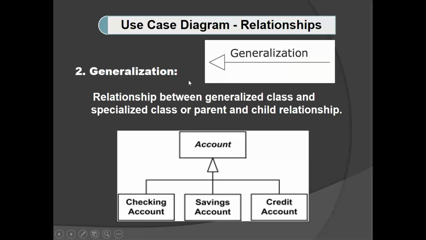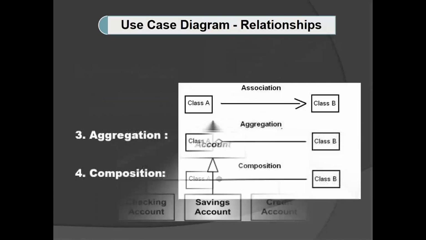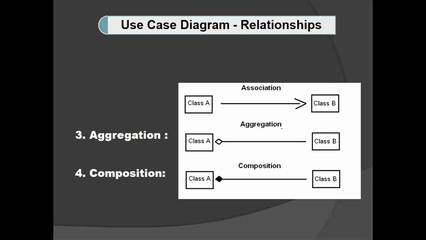Then the next one is aggregation. Aggregation means the relationship between a whole and its parts, wherein if the whole dies, the parts still continue. Okay, so I am talking about whole and parts. For example, I will take a pond and a duck.